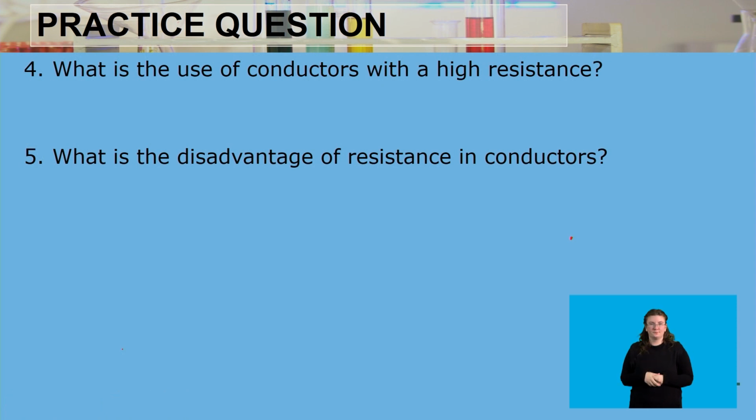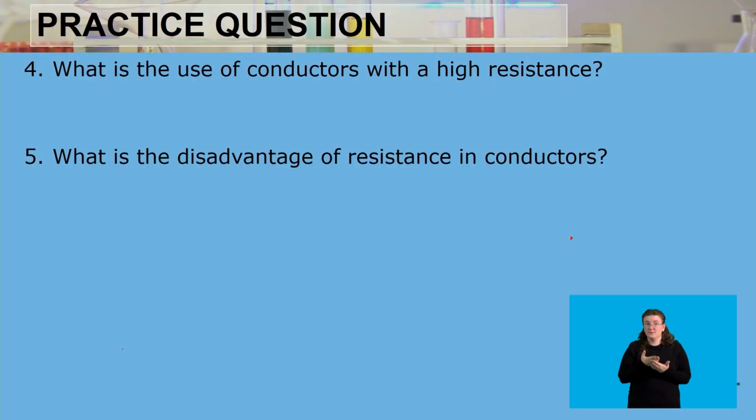Now moving on to question 4. What is the use of conductors with a high resistance? Why do we use conductors with a high resistance? Remember, we use those particular conductors because they can generate heat and light.